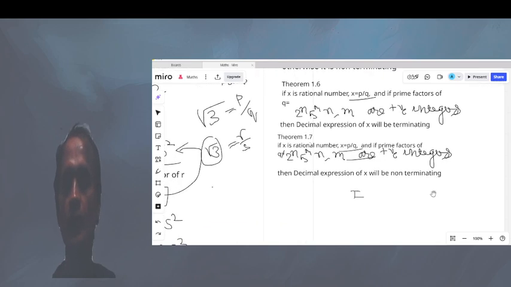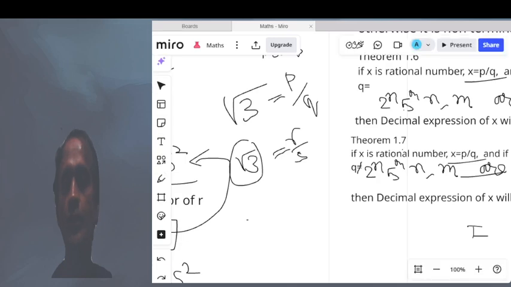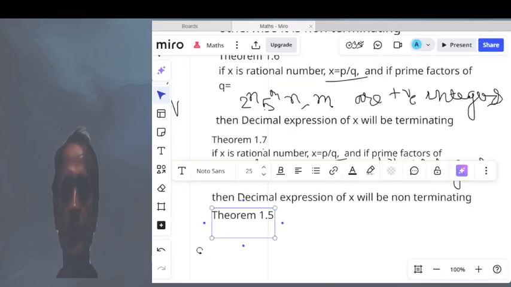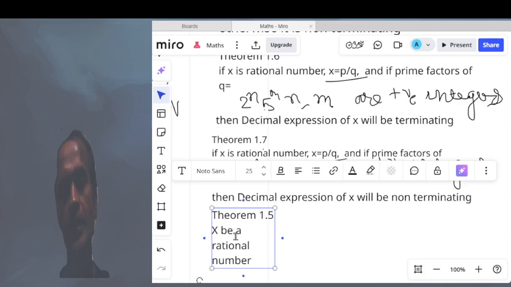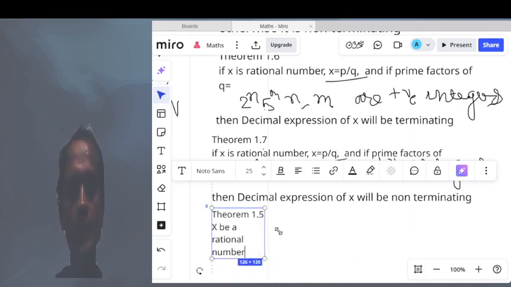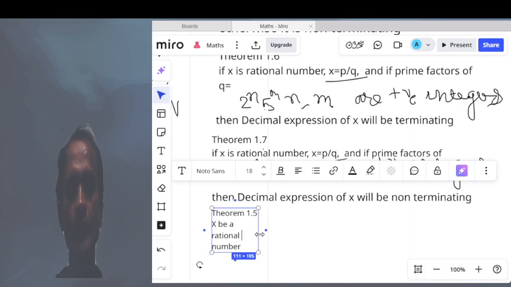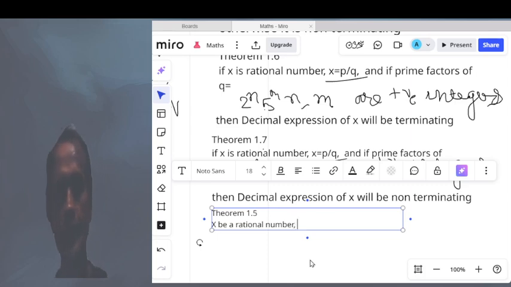Now we have one more theorem to cover. This theorem states that if x is a rational number, then we can express it in the form of p by q, so x equals p by q, and p and q, as we know from the definition of a rational number, are integers. Here we take positive integers.